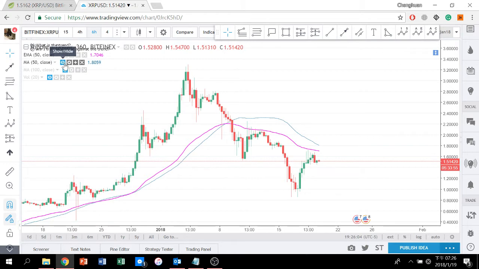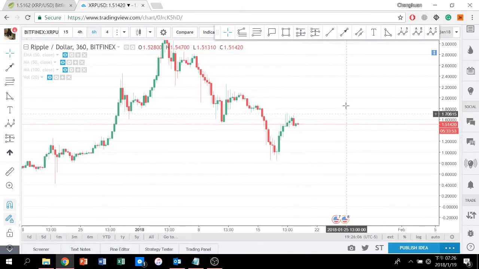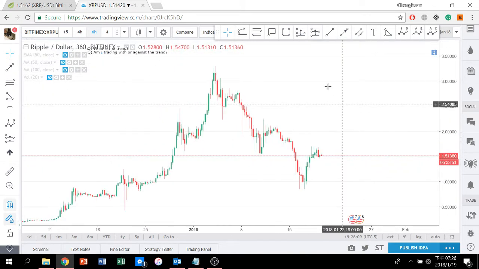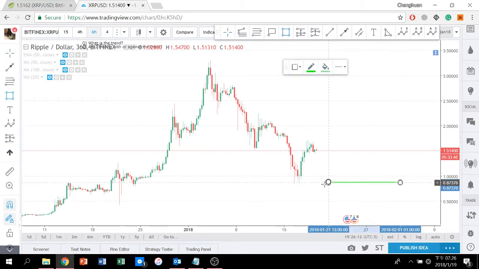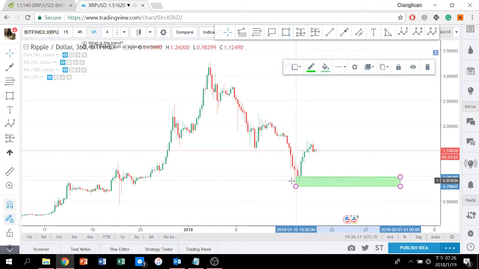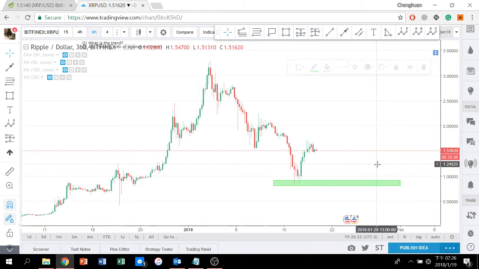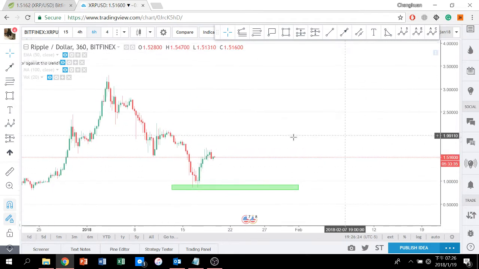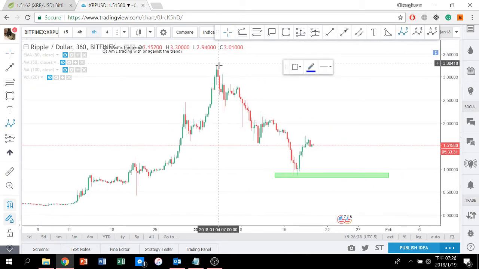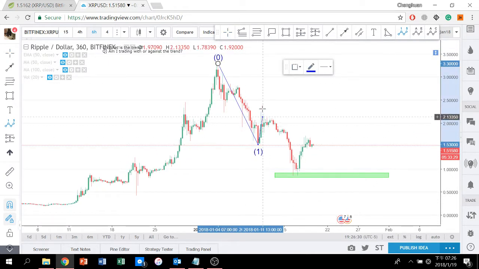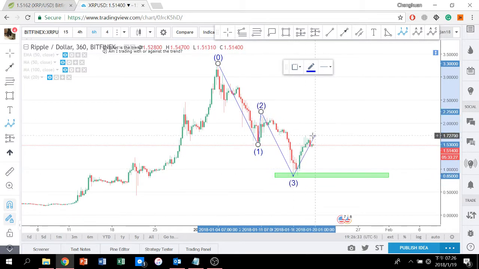And for those people who, most people I guess, disagree with my analysis that Ripple would drop again to at least around here, I think it'll test the swing low, the previous low again. Why do I say that? This is because I can clearly count wave 1, 2, 3, 4, and 5, right?